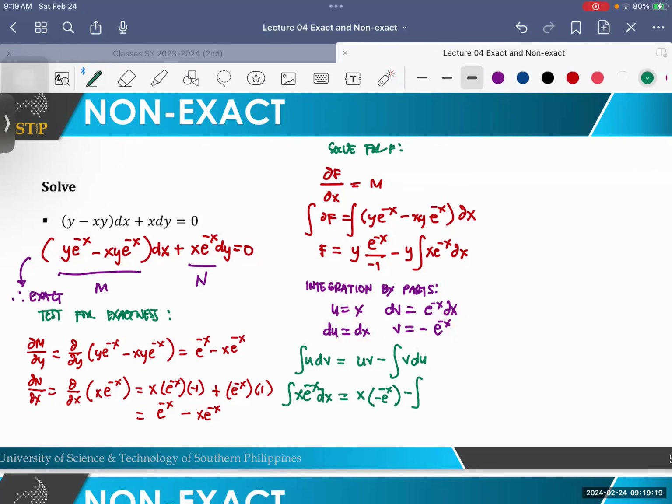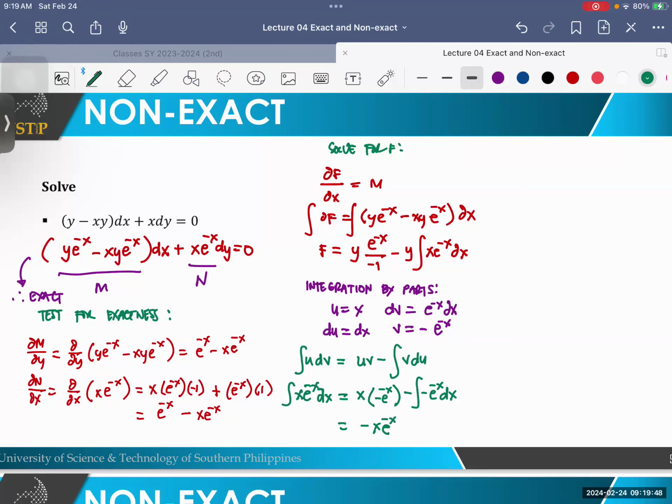Okay, so it's very easy. What you do in integration by parts is, as much as possible, remove one function so that inside your integral there is only one function left. So that will become negative e to the negative x, and the du is dx. If we simplify that, we get negative x e to the negative x.